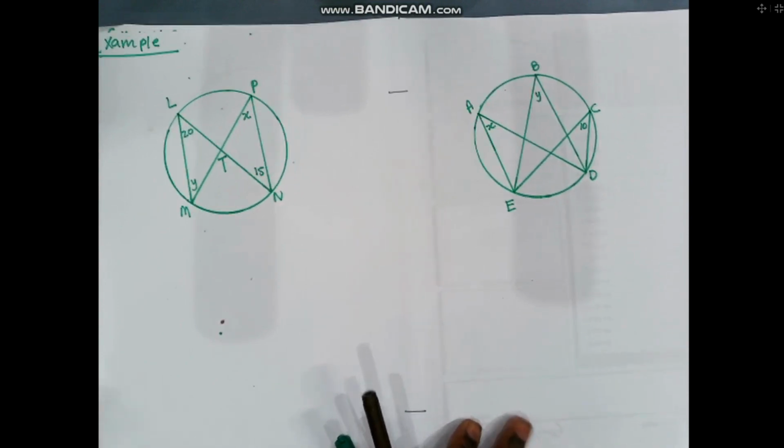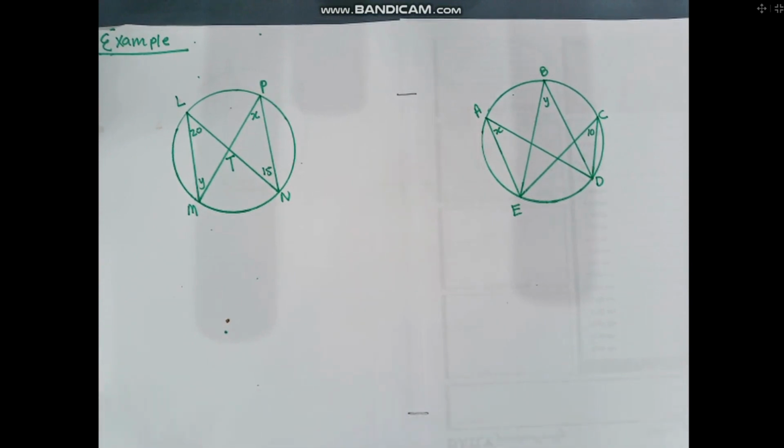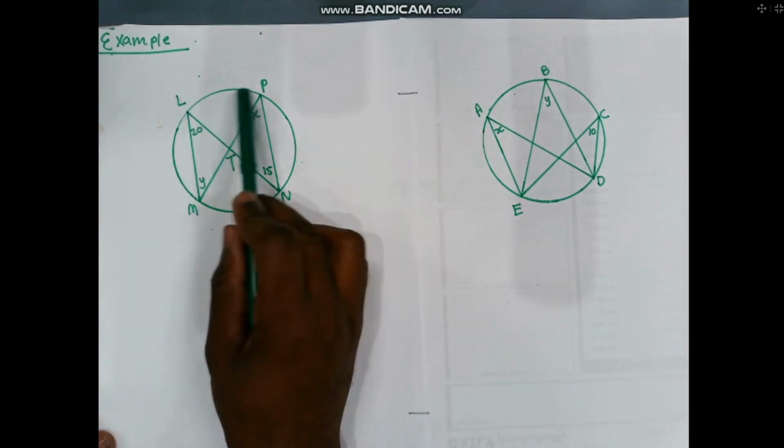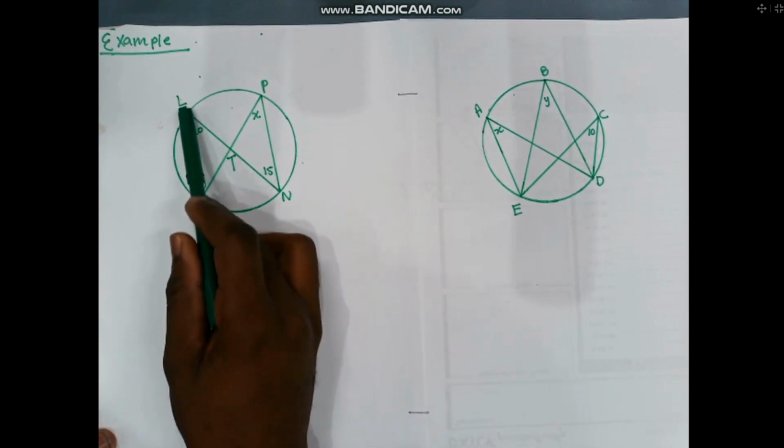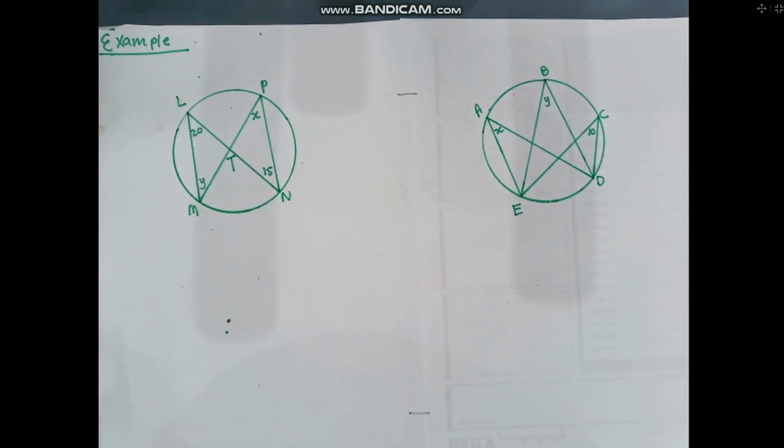Okay, now we are going to do some examples on the theorem that we just did, dwelling on the application of it. First thing, guys, the shape is very important when you are going to see this theorem, because these 4 points here must be at the circumference, and also this butterfly shape is very important.